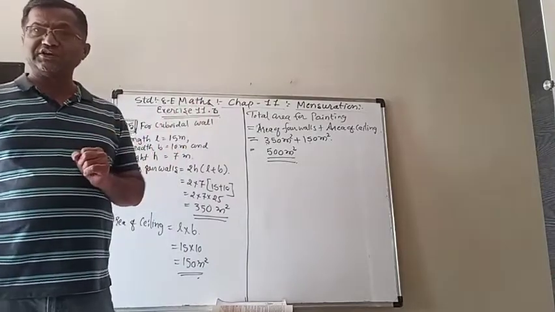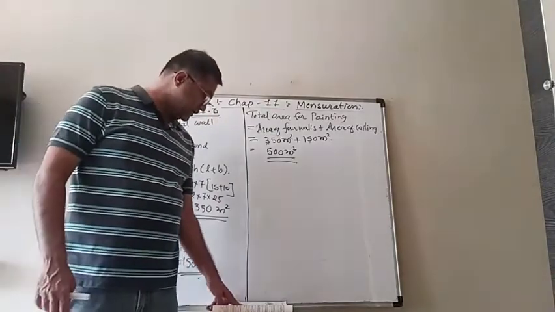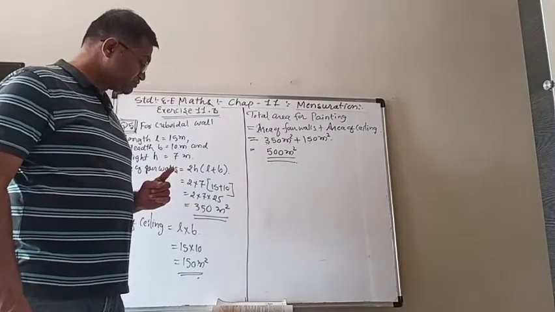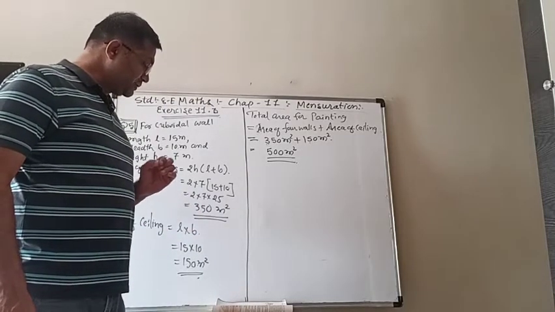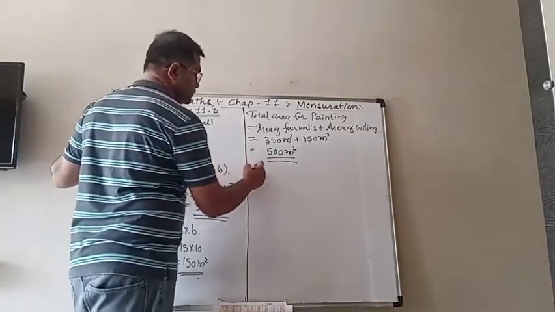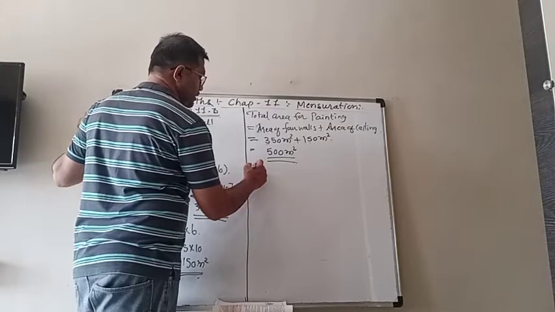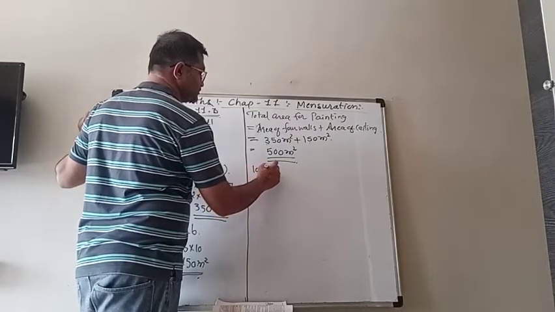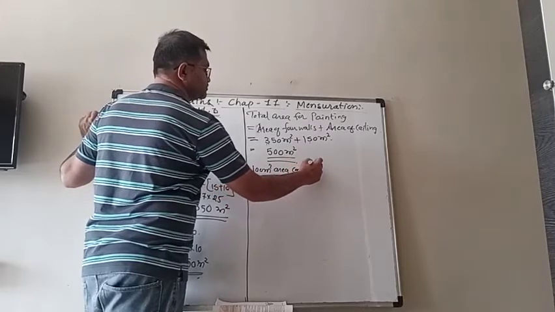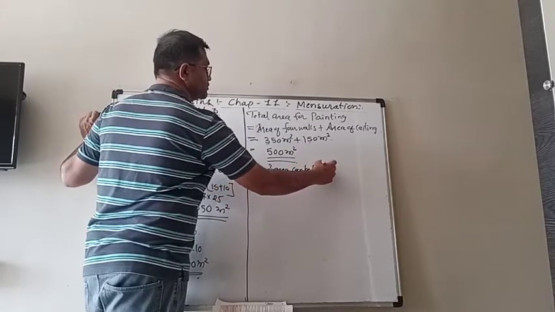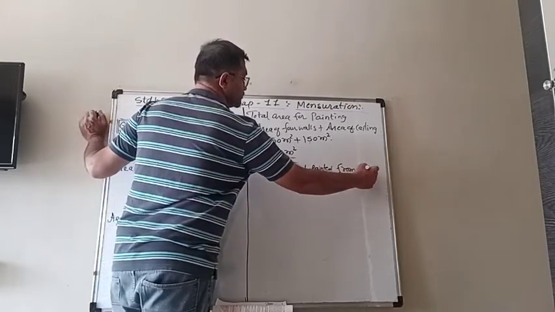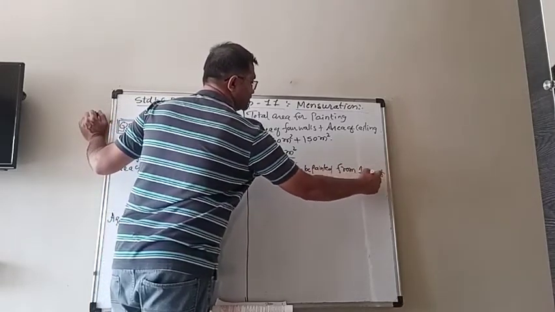Here the question is not finished, but what is that? Each can of paint, 100 meters square of area is painted. So 100 meters square area can be painted from 1 can of paint.